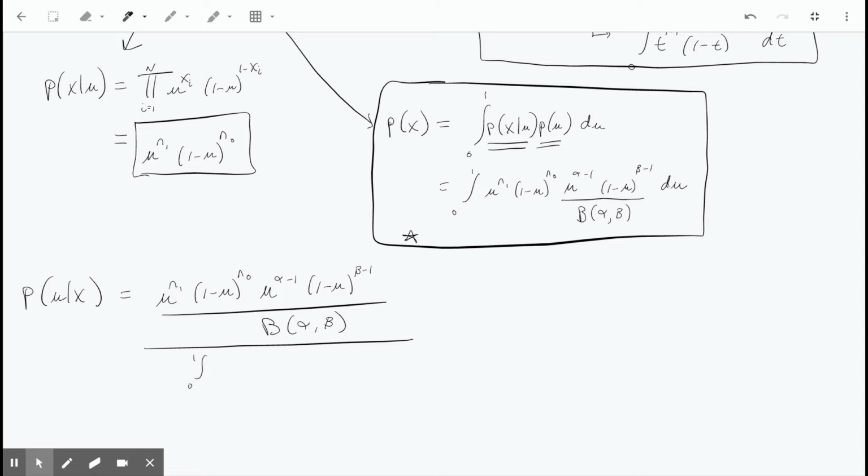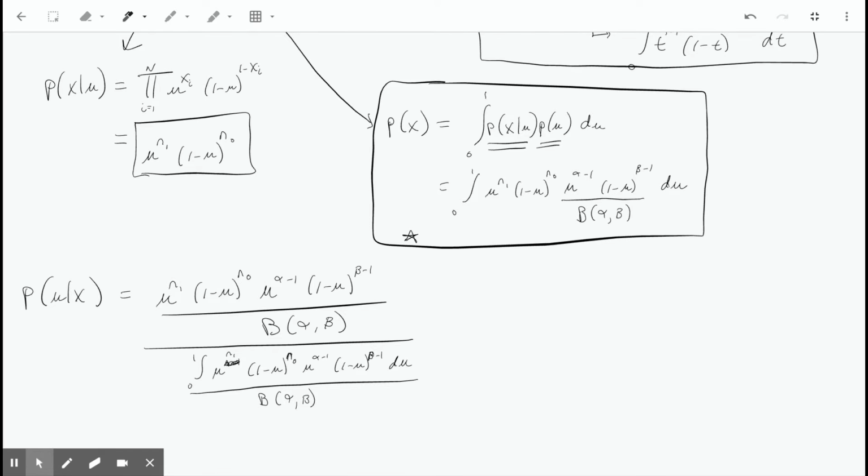The integral from 0 to 1 of mu to the n1, I'm sorry, I meant to say n1, and then 1 minus mu to the n0, mu to the alpha minus 1, 1 minus mu to the beta minus 1. And remember, we also have to divide by our beta function.